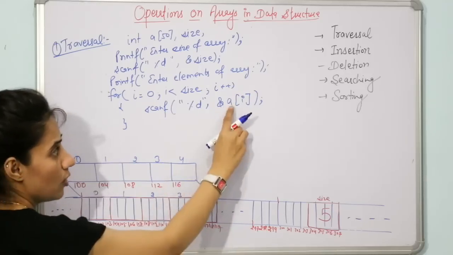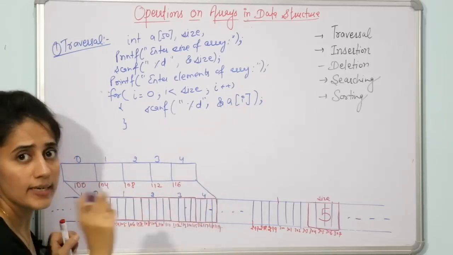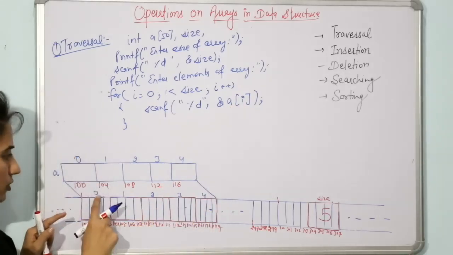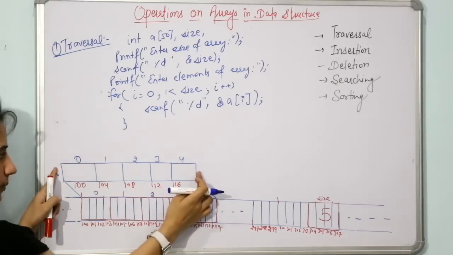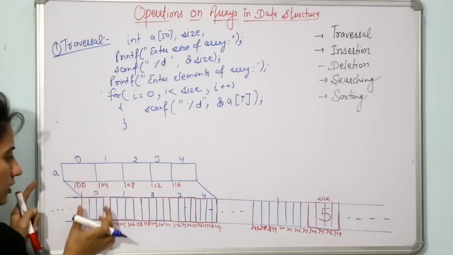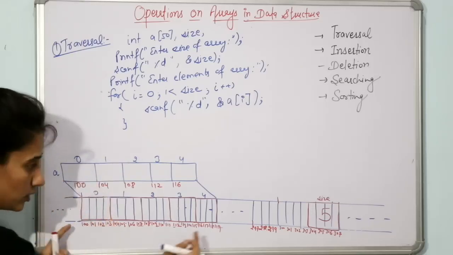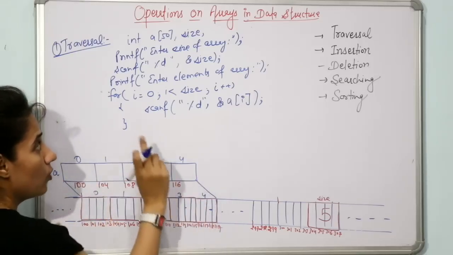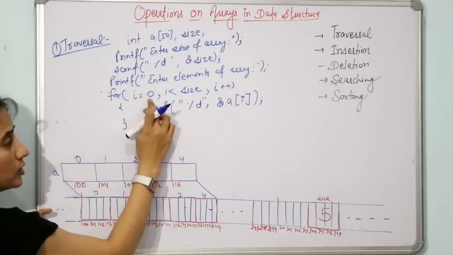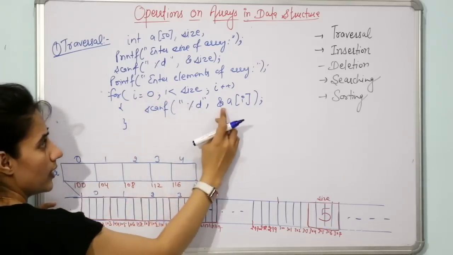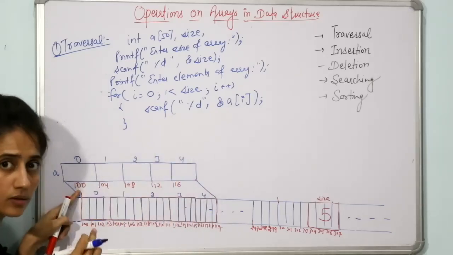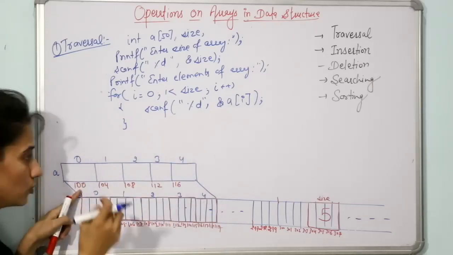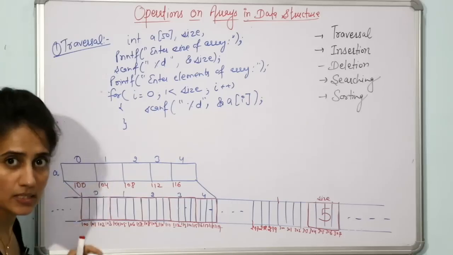The array name is a, and the index at which you store goes 0, 1, 2, 3, 4, each block having 4 bytes. When i is 0, the value would be stored at address of a of 0, that is at value 100, at this index.